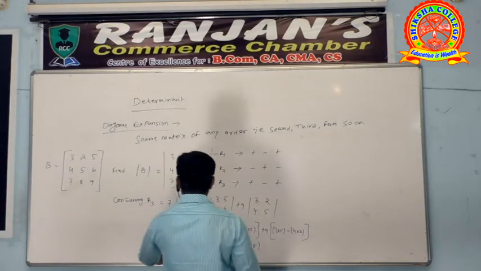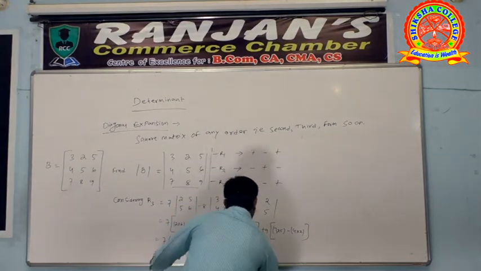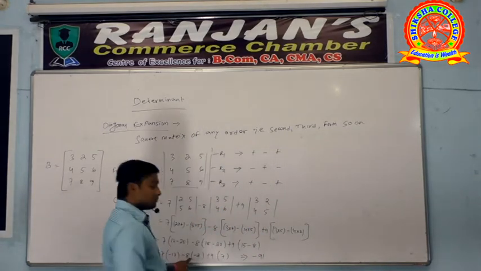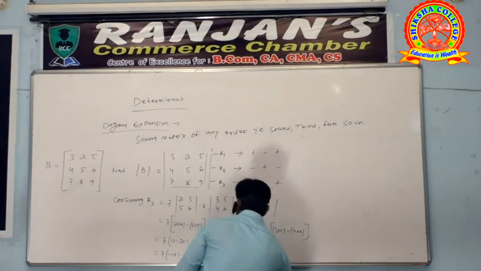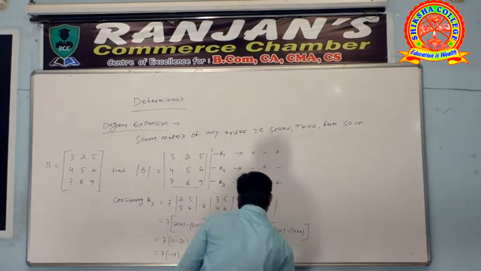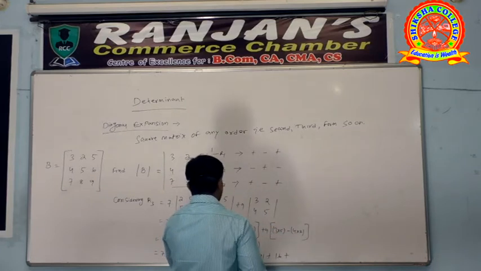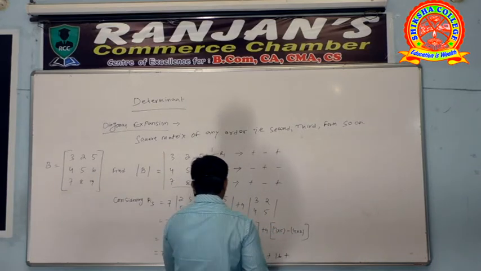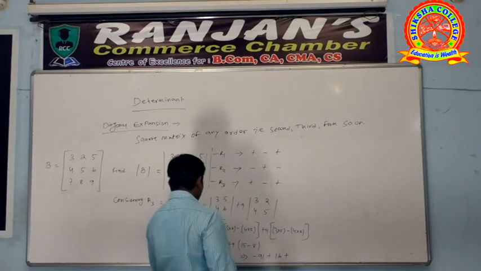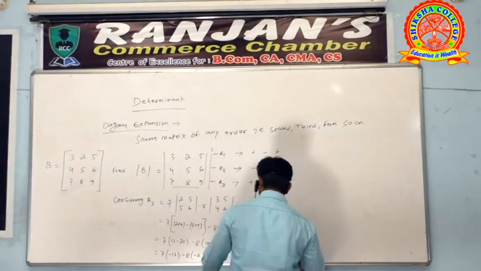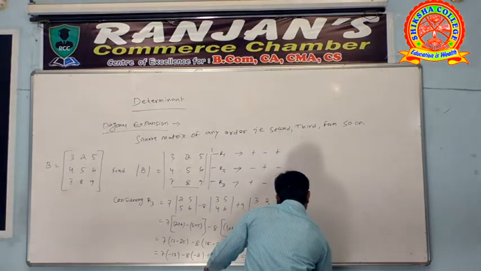13 7s are minus 91. Here minus 8 into minus 2, minus minus plus, plus 16, plus 9 7s are 63.